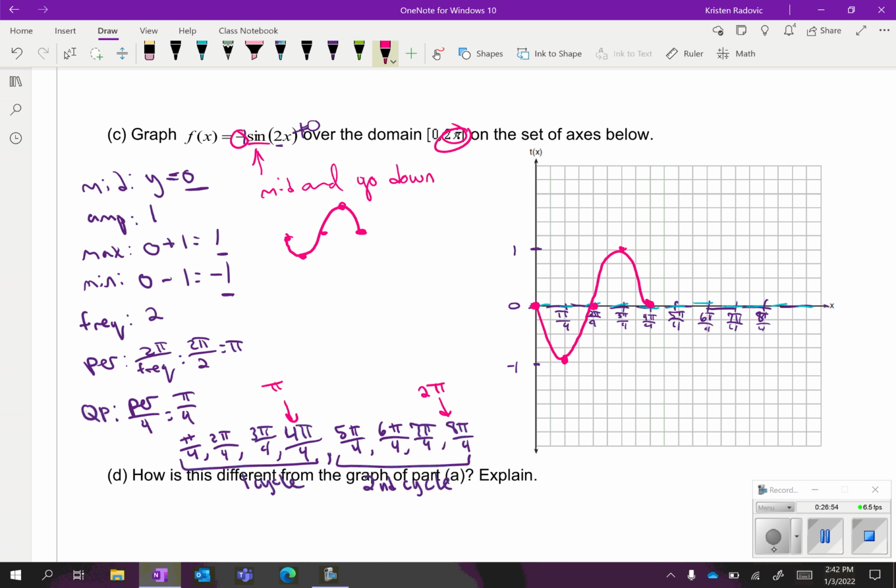There we go. Now, they did ask you to go until 2 pi, so I'm going to continue on with life and repeat the process. I'm already at the midline, so I'm going to head downwards to the minimum. Come back up to your midline, go up to the maximum, and you're going to end back at the midline where you started.